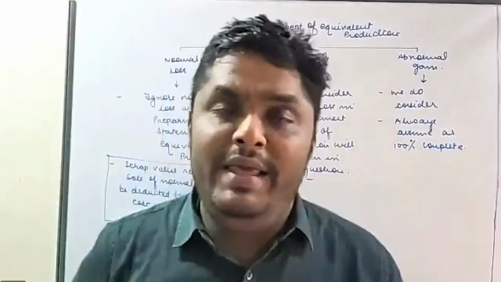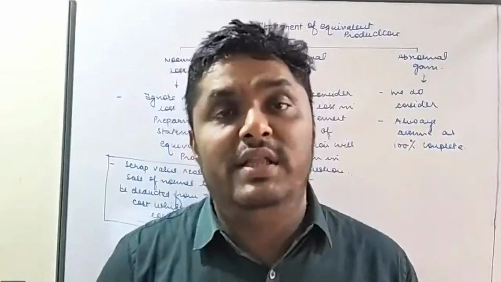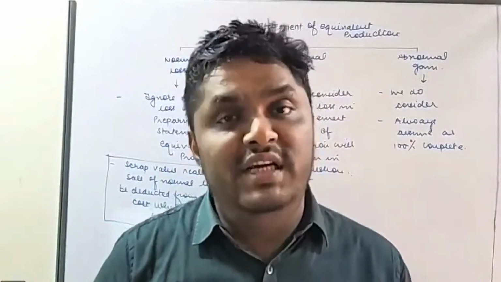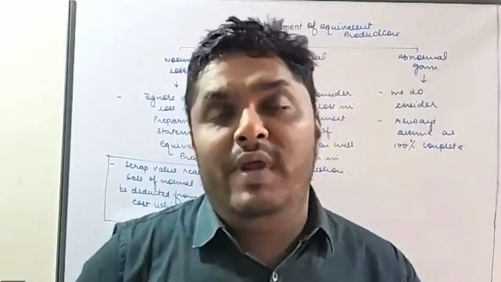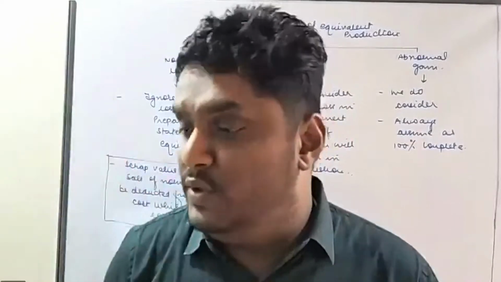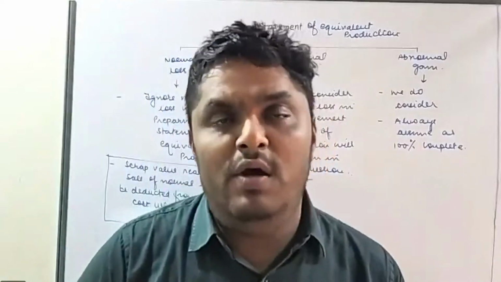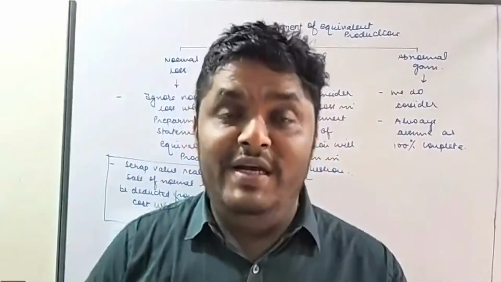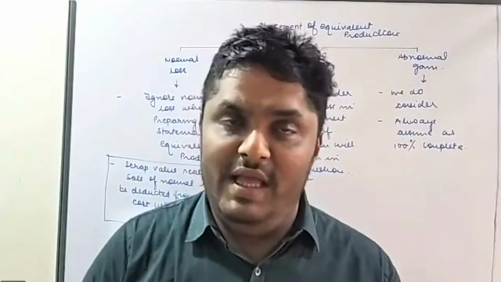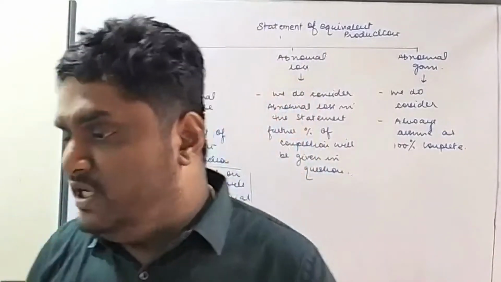So abnormal loss के related instruction will be given in the question that this much is the percentage of completion. However, when talking about abnormal gain, always assume that they are 100% processed. So these are the treatments of normal loss, abnormal loss, and abnormal gain. I'll be discussing this practically with the help of a question also. So I request you guys to please copy this explanation.